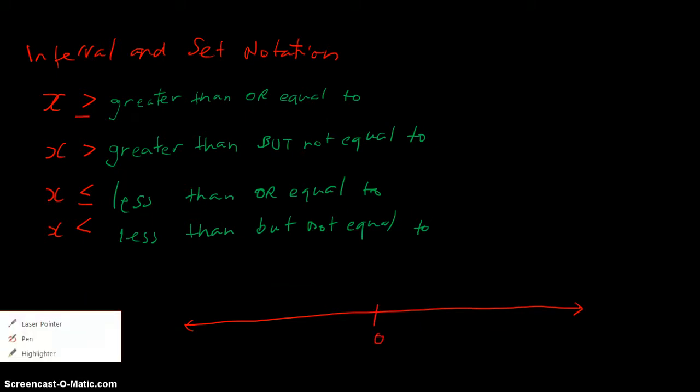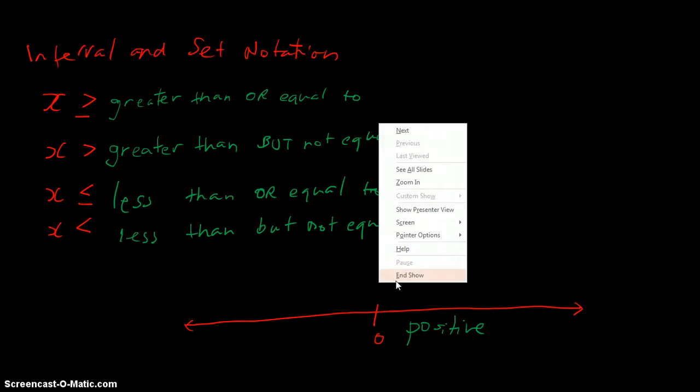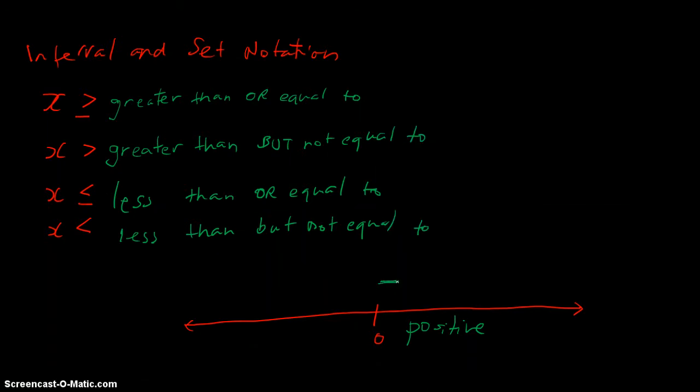If I want to represent a number on the positive side, a number that is so big that when we travel across here it passes 10, 100,000, 1 million, billions, the number approaches a number so big that we define it as infinity. It's denoted by that symbol.